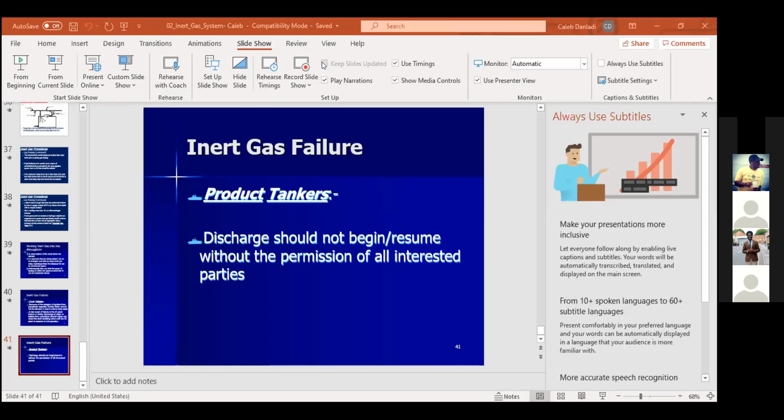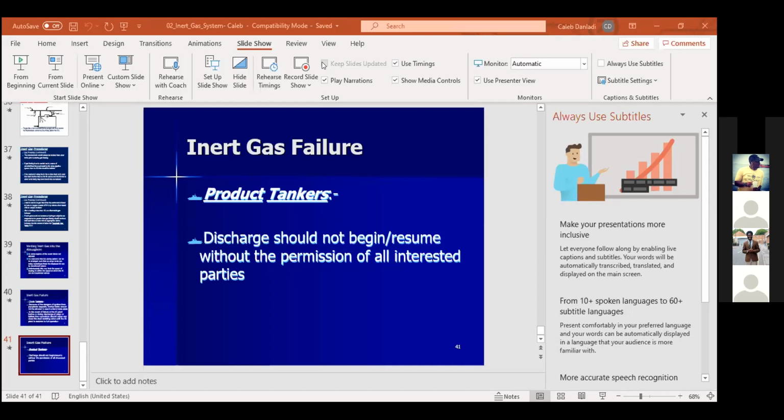Then on the question that was asked, bunker vessels do not require inert gas, but there are specialized vessels, like we have one in Nigeria, MV Prince Job 1. Yeah, I know the vessel, PJ1.